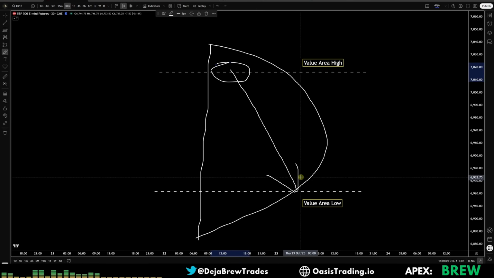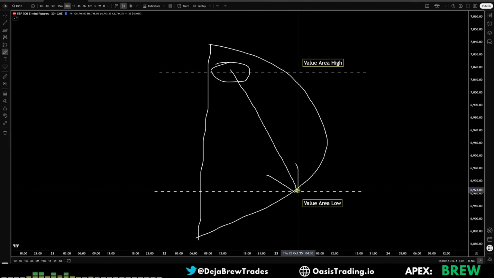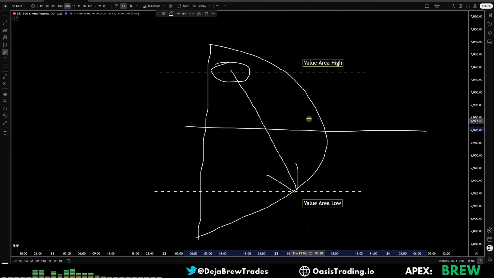That is a downward rotation. And the movement from the value low to the value high is an upper rotation, okay? So we want to be looking for that rotation for our take profit. We can take profit in the middle around the POC and VWAP, or we can look for the full rotation into that value area low when we start to turn into a buyer, okay?